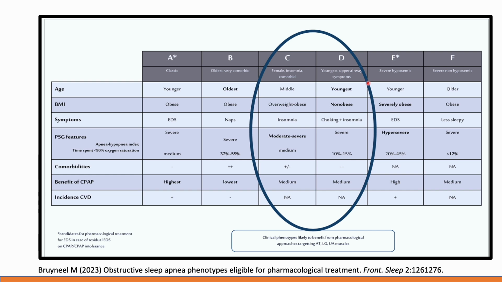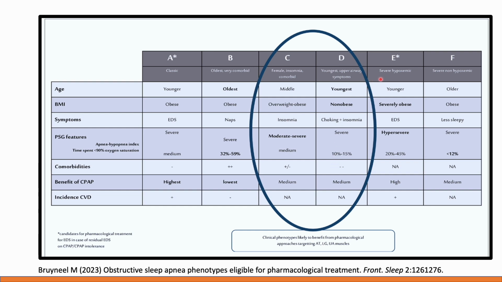The young patients with upper airway symptoms, who are the youngest non-obese patients, may have symptoms of choking while sleeping, and insomnia with very high AHI. And they may have 10 to 15% of time spent with low saturation because, again, their tone is good, so they can still prevent too much hypoxia. They will also have a medium benefit from CPAP.